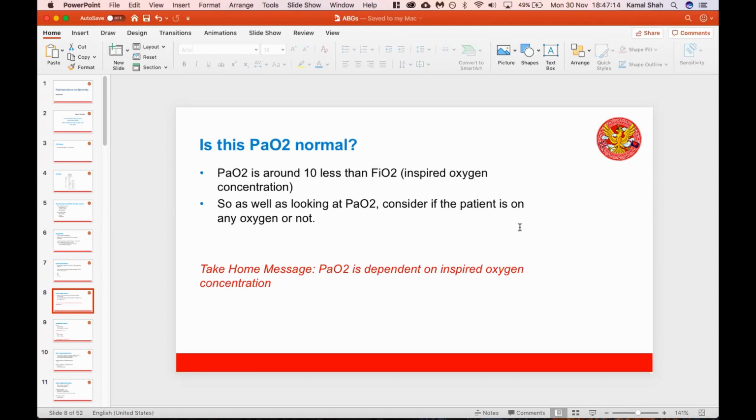Whenever you report an ABG and you mention the PaO2 of the patient, you also want to let the team know if the patient is on any oxygen or not. So again, the take-home message is that the PaO2, so oxygenation, is dependent on the inspired oxygen concentration. If the patient is on high flow oxygen, you'd expect to see a higher PaO2.